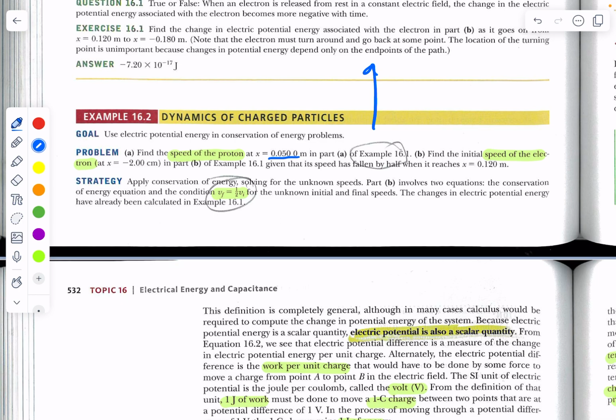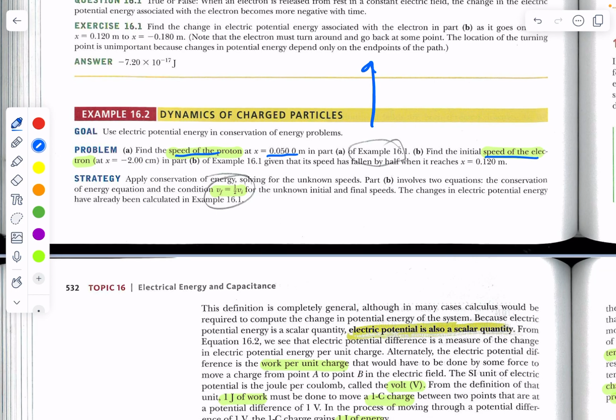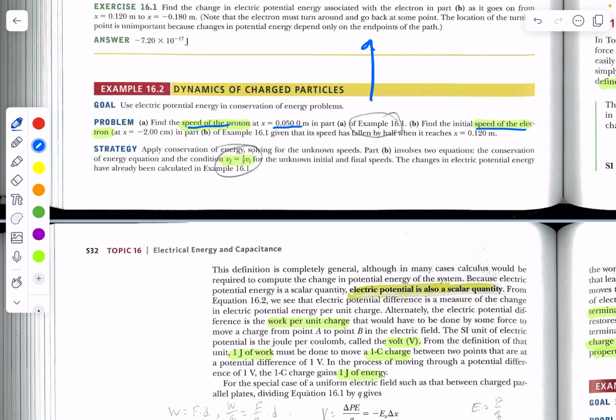And we want to find the initial speed of an electron in part B, as opposed to the speed of a proton in part A, when the speed has fallen by half, when it reaches this position right there. In other words, my final velocity in this part of the problem will be 1/2 of my initial velocity.